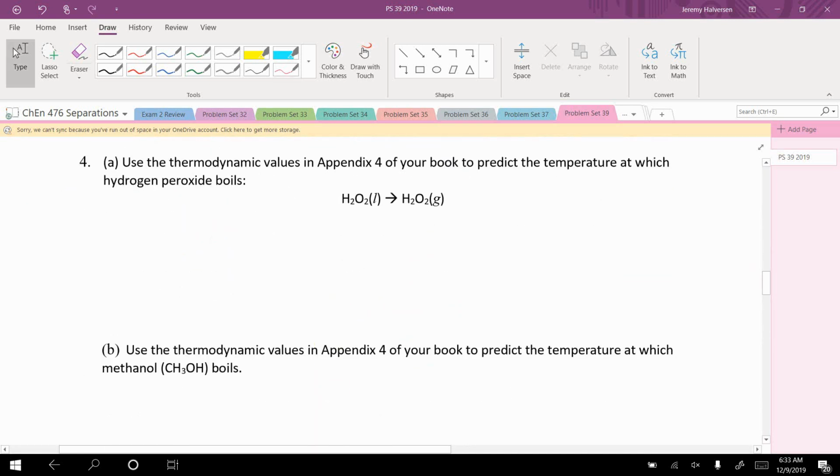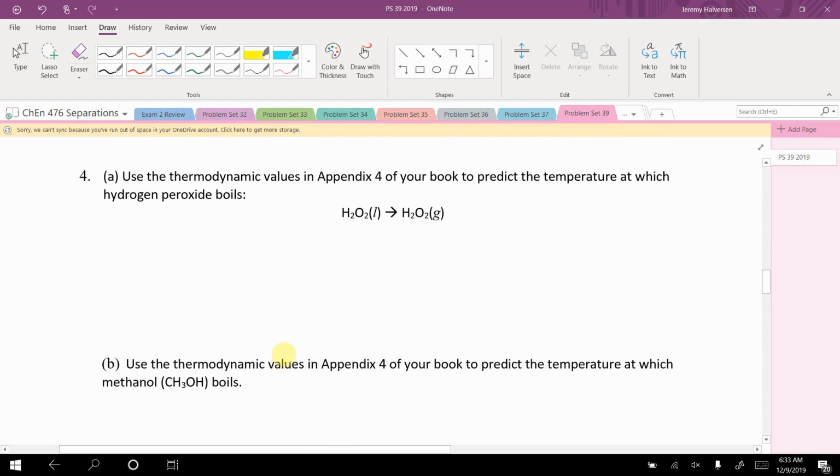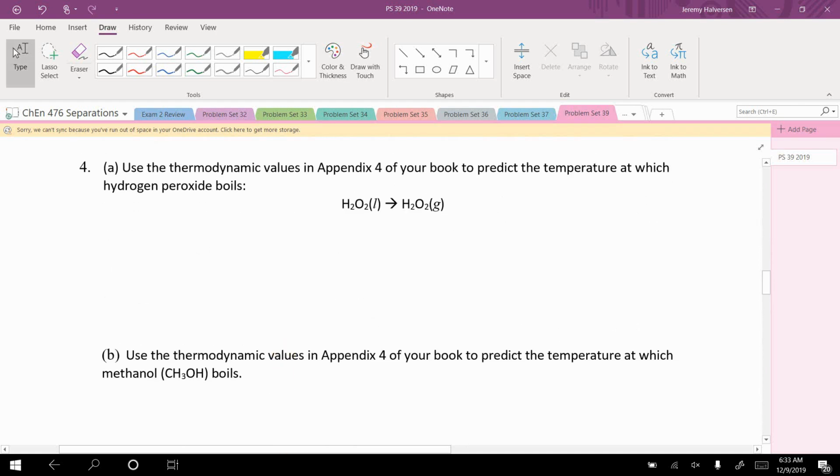Now, use the thermodynamic values to predict the temperature at which hydrogen peroxide boils. It's the exact same thing, but in this case, they don't give us delta H and delta S, so we have to find them. We can look up the delta H and the delta S, products minus reactants, because we should be able to look up hydrogen peroxide as liquid and gas.